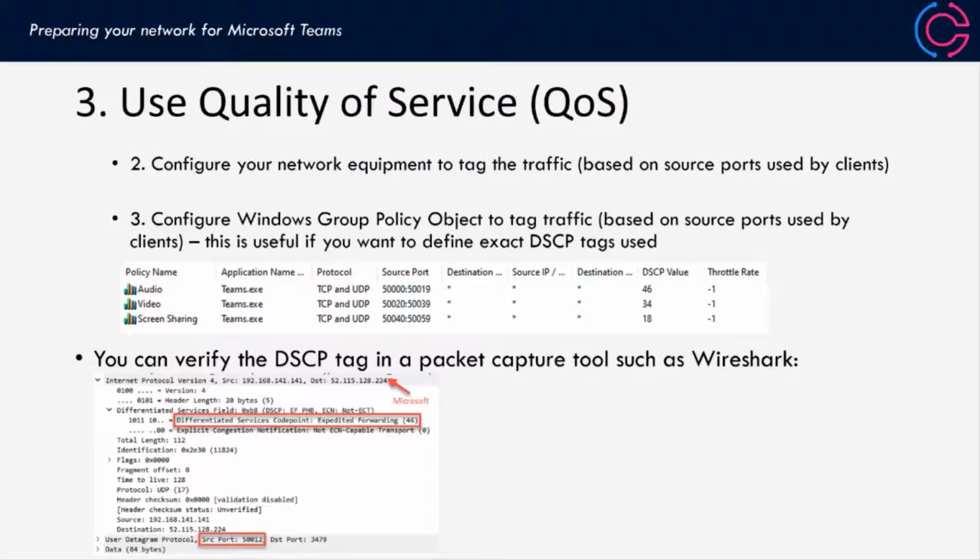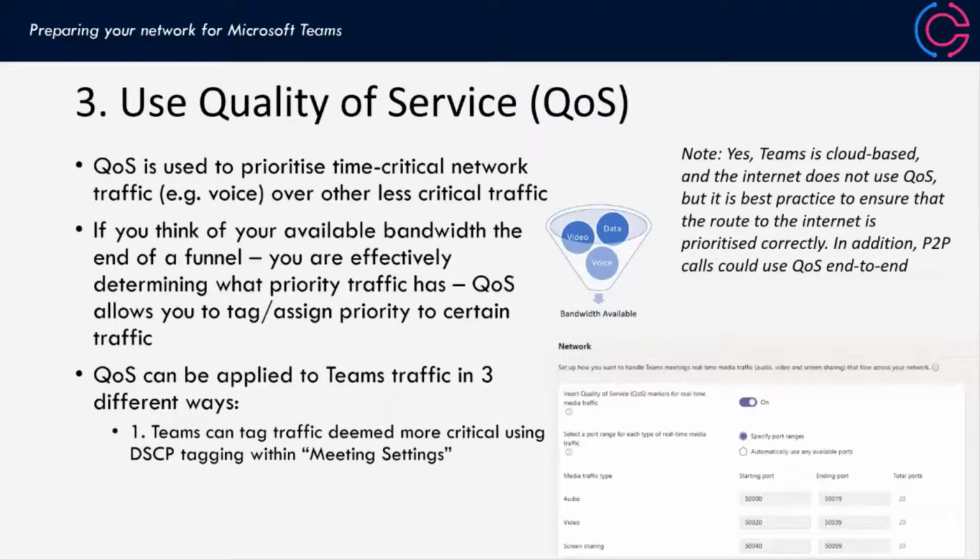The one benefit of doing it this way over the first method, by clicking the checkbox in the Teams admin center, is that you can set the priority, whereas on the previous slide, if we look, we can only turn the markers on. We can't actually set what values are going to be used, and that might not be an issue.